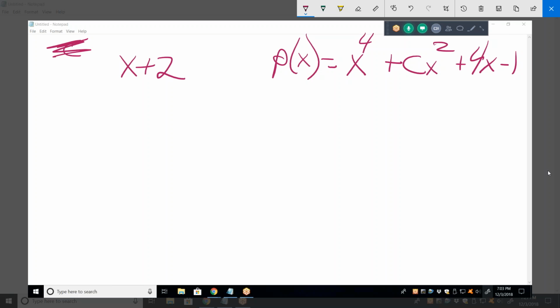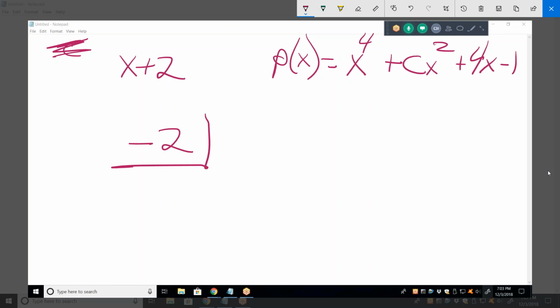So we need to find the value of c such that x plus 2 would divide into that evenly. Well, I'm going to do it with synthetic division.